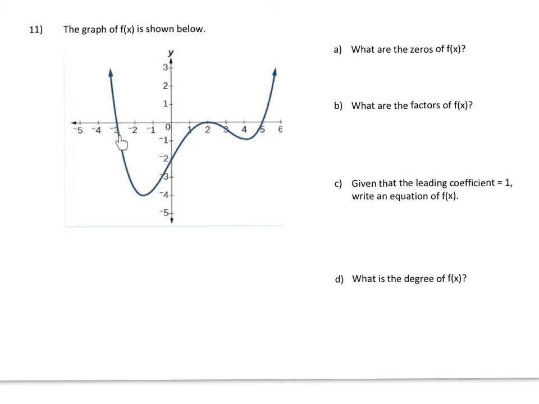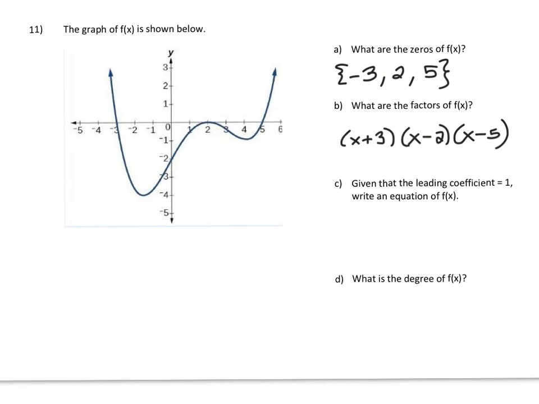The zeros are at x equals -3, x equals +2, and x equals +5. So we know that the factors would have the opposite sign. The factors would be x plus 3, x minus 2, and x minus 5.